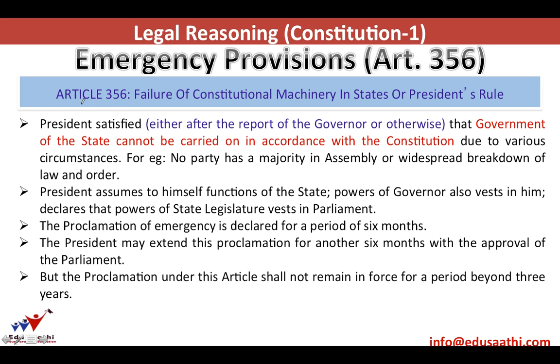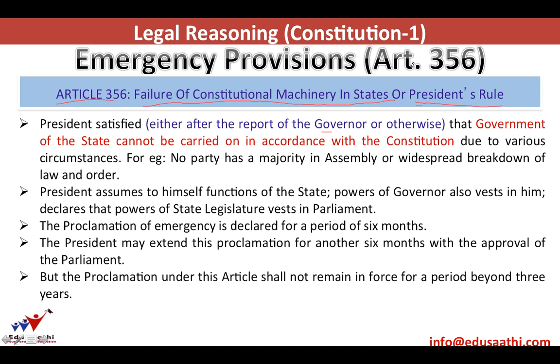Next is Article 356, the second type of emergency, that is failure of constitutional machinery in states, which is termed as the presidential rule or President's rule. Whenever the constitutional machinery of the state fails, the President of India can proclaim his rule within the state. It says the President is satisfied either after the report of the governor or otherwise.